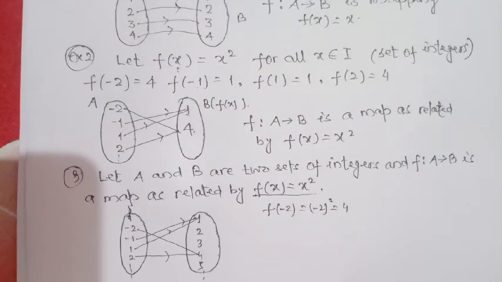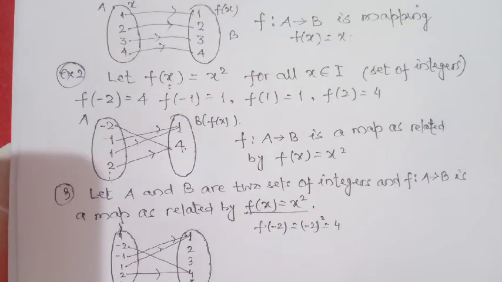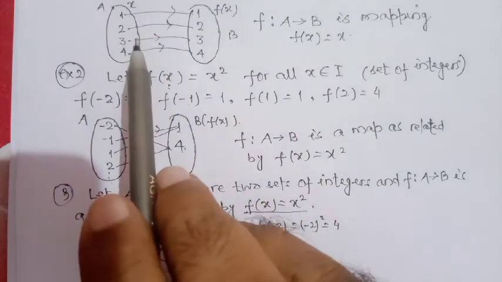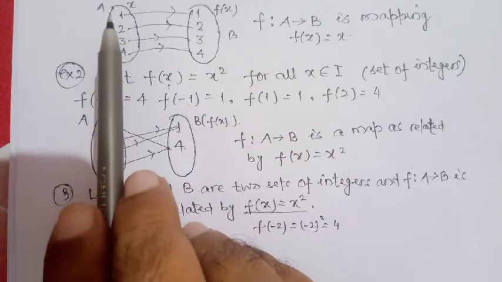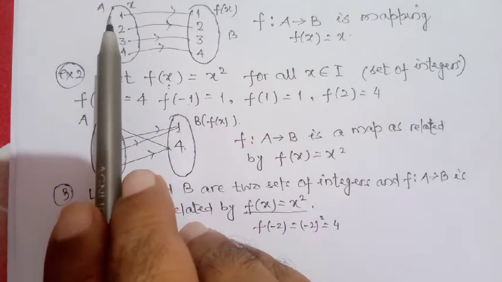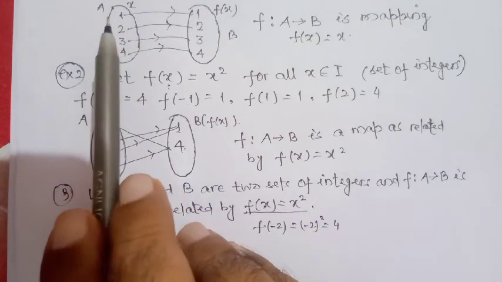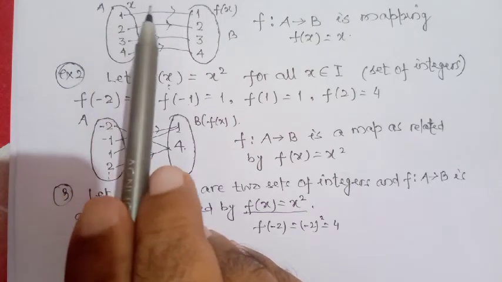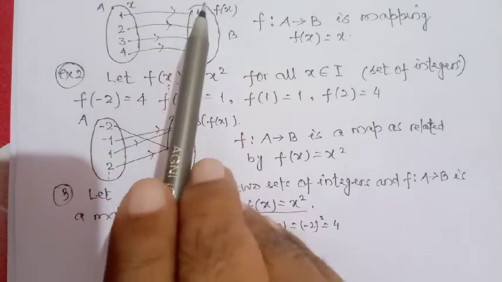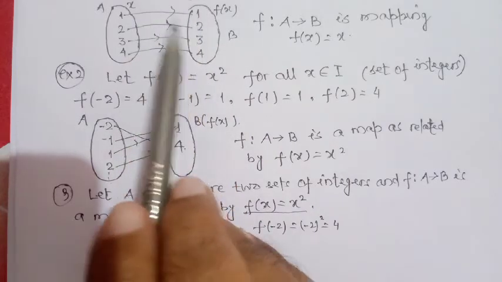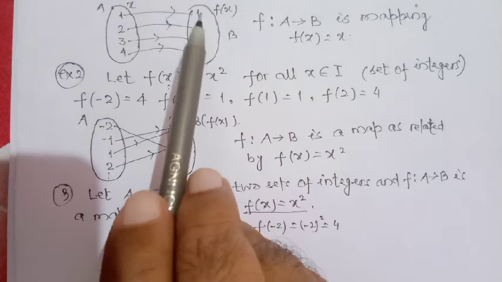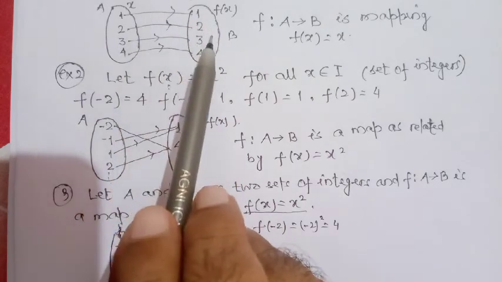So you have seen 3 examples. It means there are different types of mapping. In the very first example, we conclude that for each element of A, which is called domain, there corresponds only one image in set B, and each element of B is also an image.